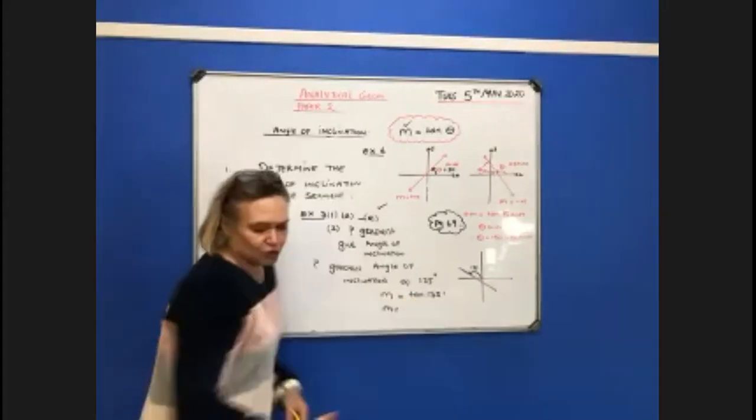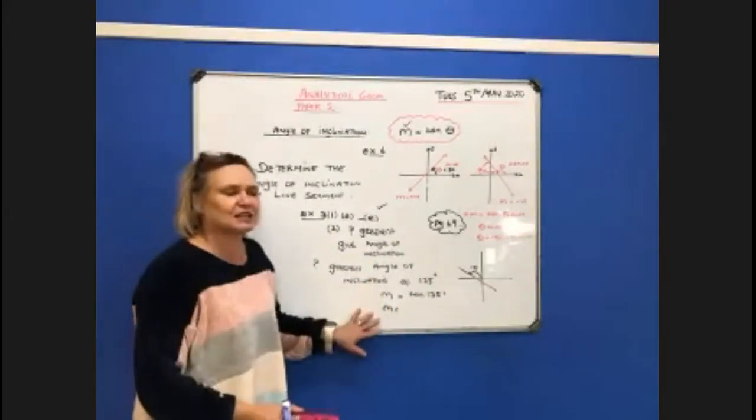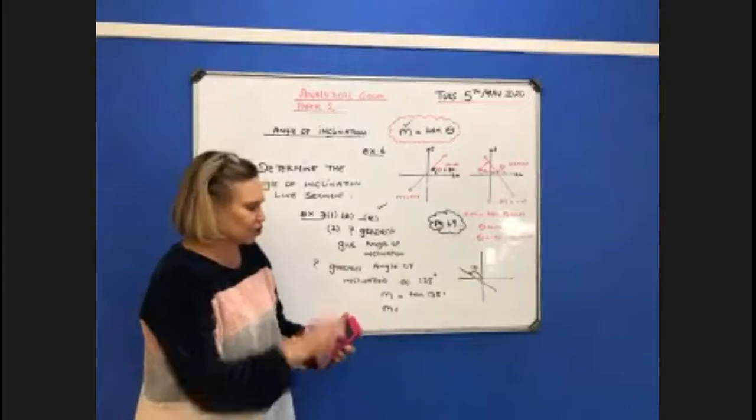So you just press tan 135. If you're looking for the gradient, don't press shift.